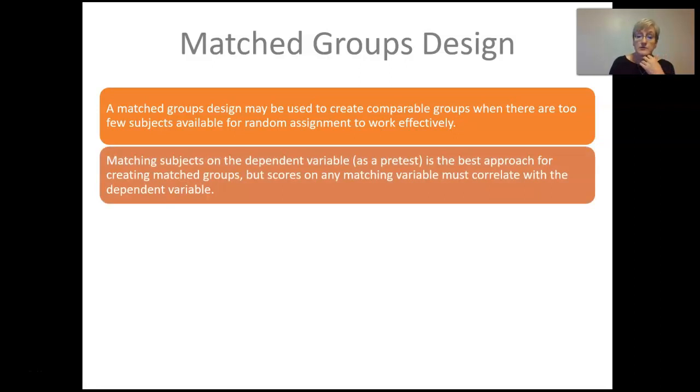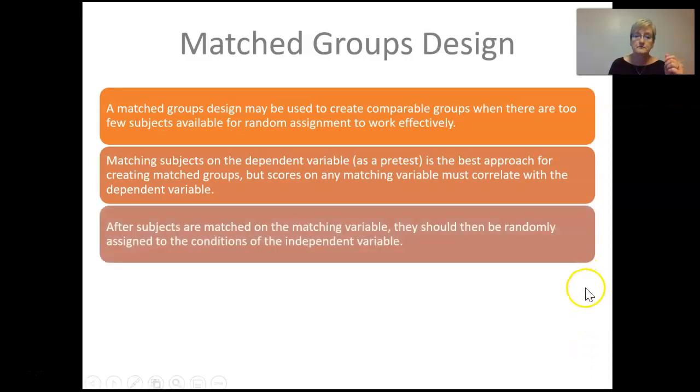You could also do matching based on pretest values. If you have a dependent variable of interest, you want to get a starting point. After the pretest, you check and make sure you have an equal distribution of pretest scores in each of your experimental groups. Once subjects are matched, either based on demographic characteristics or on a matching variable that you pretest, then you do the random assignment.